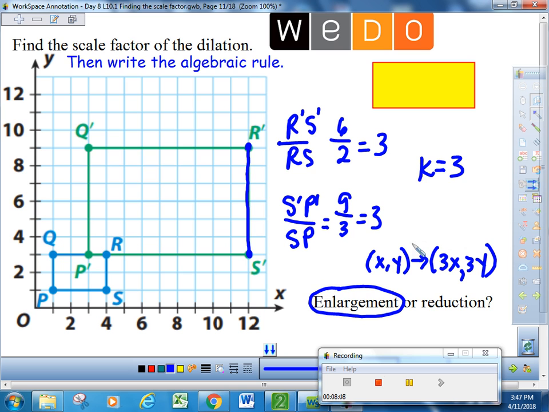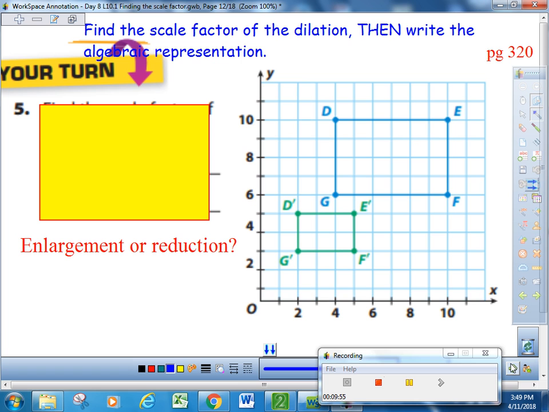All right, so that's when the sides are vertical and horizontal. Go ahead and do that one. Substitute, please hit pause and give the students a chance to work on this.